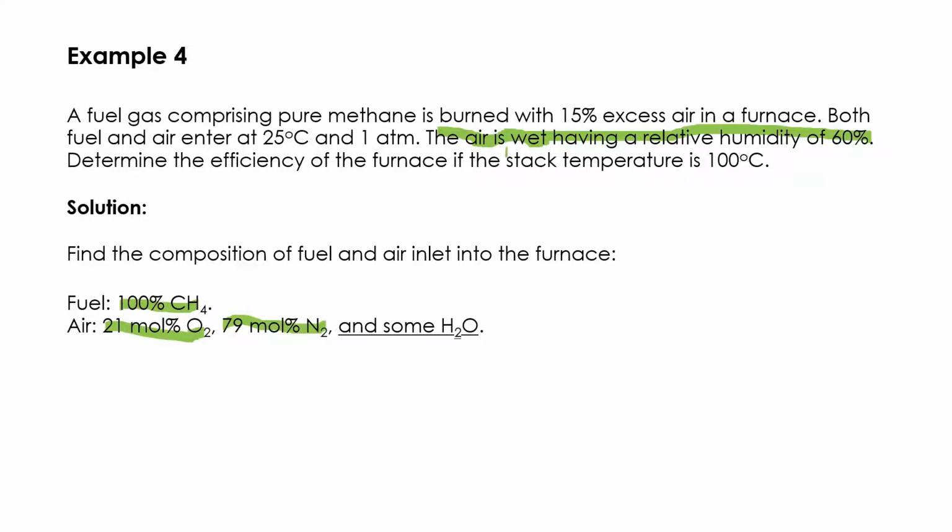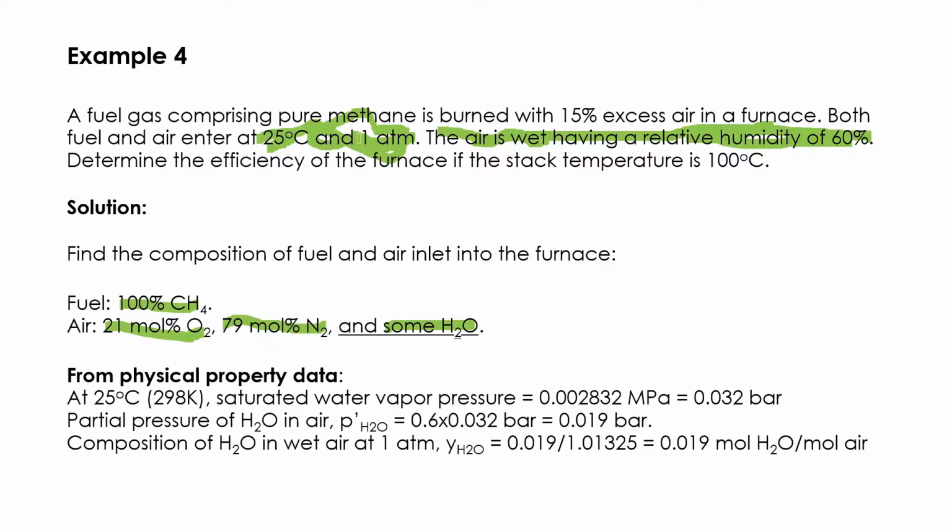Since this is wet air, apart from oxygen and nitrogen, the air also contains some water. So how do we know how much water is contained in the air? It is from the information of 60% relative humidity, 25 degrees Celsius and 1 atm pressure.